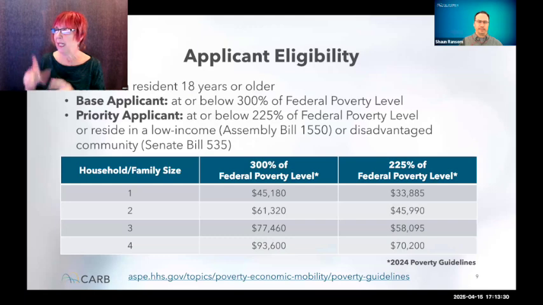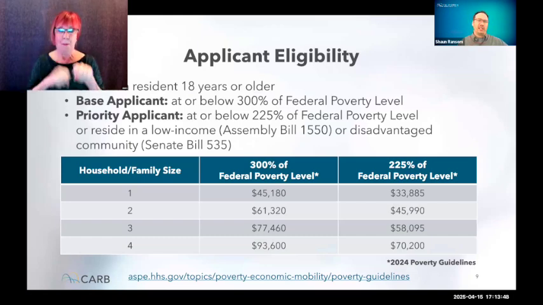Okay, next slide. For the applicant eligibility, applicants must be 18 years or older, and all applicants must have a household income at or below 300% of the federal poverty level.